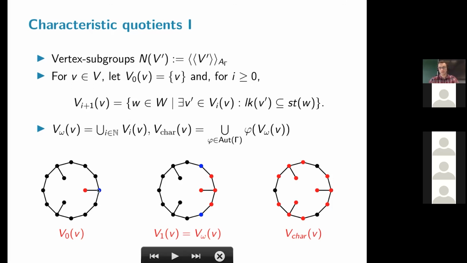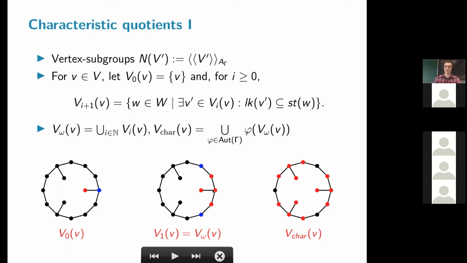And then this blue vertex itself contains this vertex in its star, so we also have to add this red vertex. Okay, so V1 equals the red set. And now we have to see if there are other vertices we have to add in this step. Now, the link of this red vertex consists of this blue one, but also of this red one.